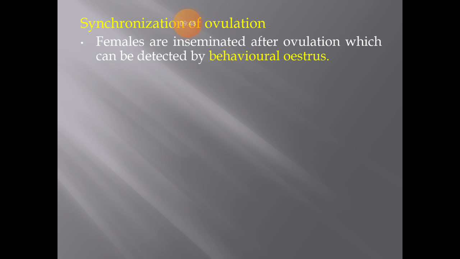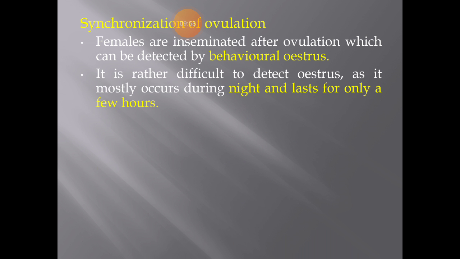So by studying the behavior of the cow, you can find out whether she is in the estrus phase, and then you can inseminate her. But normally it is difficult to detect the estrus phase because it occurs during night and lasts only for a few hours.